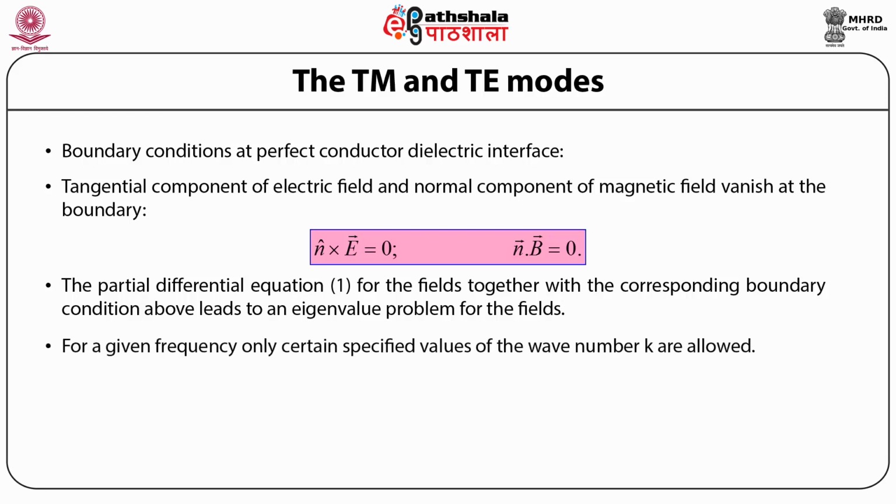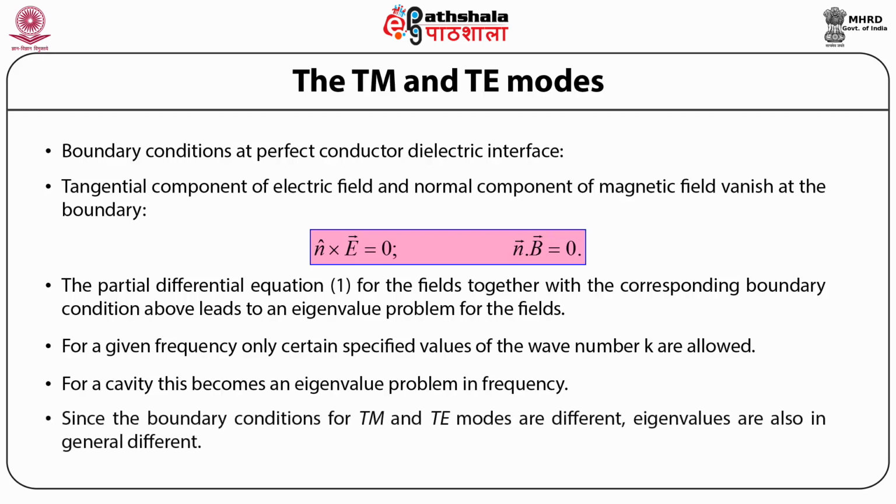Also, for a given frequency, only certain specified values of the wave number k are allowed. Further, for any cavity, this becomes an eigenvalue problem in the frequency, which is something that we are going to be studying slightly later. And since the boundary conditions for the transverse magnetic and the transverse electric modes are different, the eigenvalues are also in general different.